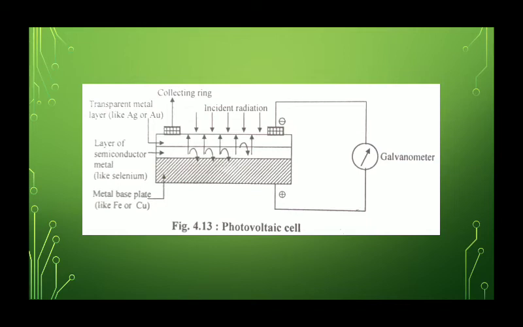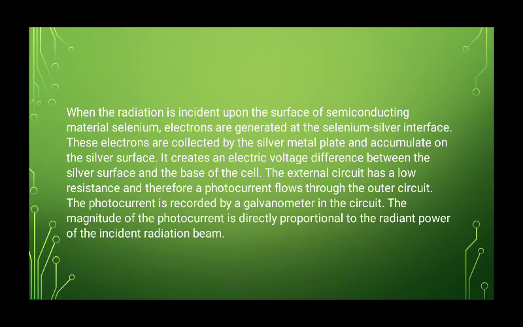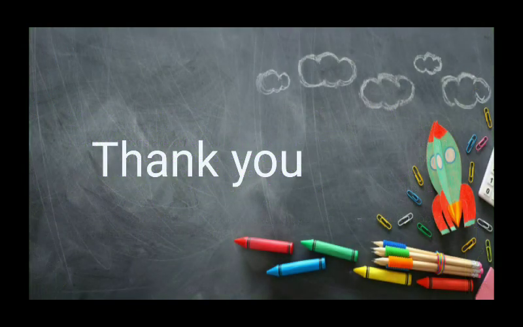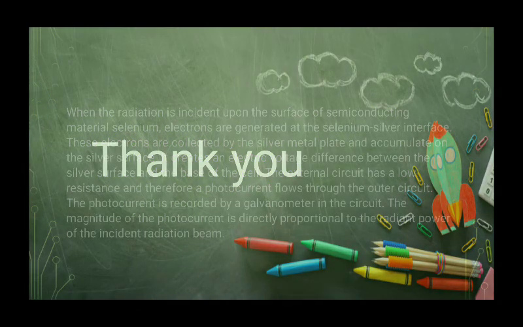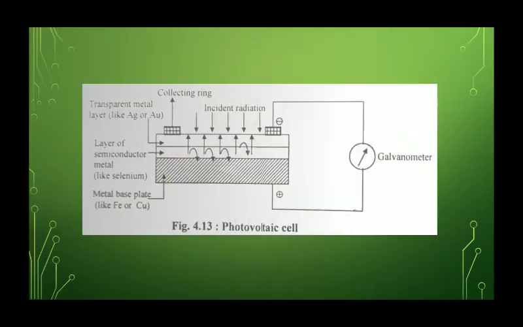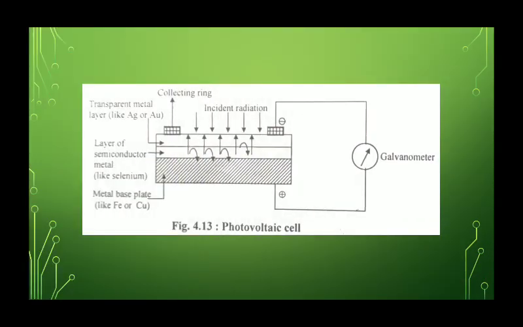A thin layer of semiconducting material like selenium is deposited on the surface of the metal. Then the surface of the semiconducting material is covered by a very thin layer of silver or gold.